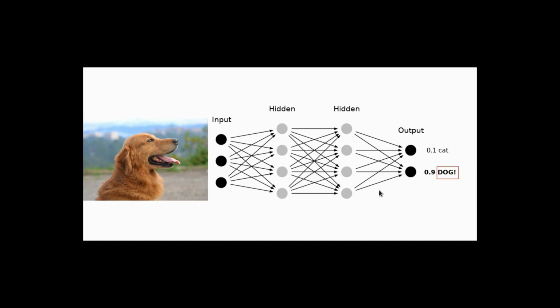Once it's improved for that layer, the network can go to the previous layer and adjust its weights and biases to get that layer closer to the correct answer. And once that is improved, it can go back to the prior layer and improve its weights and biases to get the network closer to the correct answer, and so on and so forth, back to the beginning of the network.